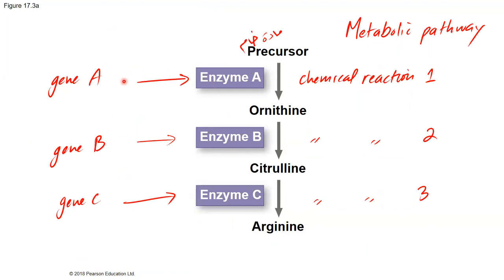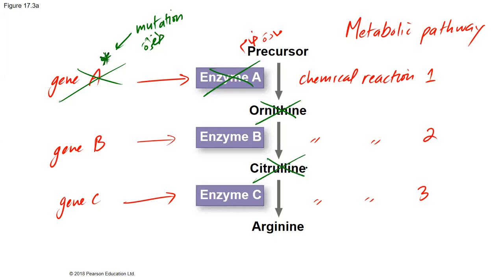Because if there is a mutation that destroys this gene, the cell will not be able to produce this enzyme, which means that the precursor will not be converted into ornithine, ornithine will not be converted into citrulline, and arginine will not be produced. Okay?